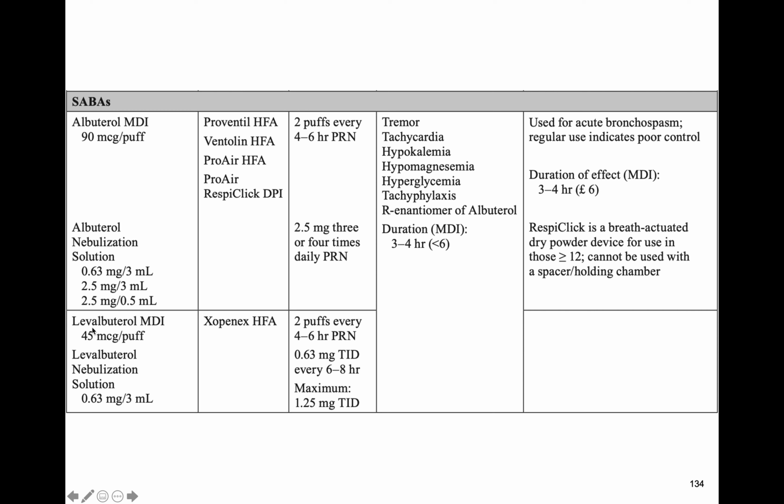So they took what they thought was the isomer levalbuterol, which had most of the efficacy with none of the side effects, and the drug manufacturer said, oh, if you do levalbuterol, it doesn't have a lot of the tachycardia that albuterol has, but that's really not the case. So for all intents and purposes, these are really the same thing.